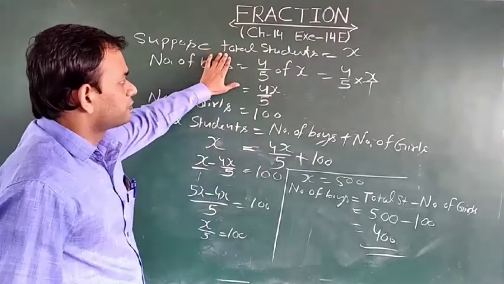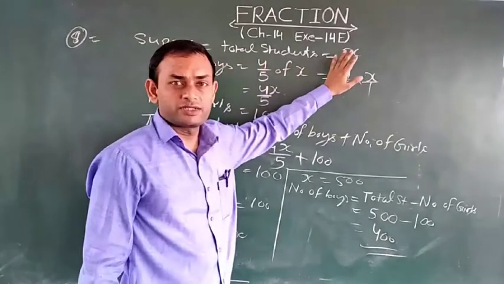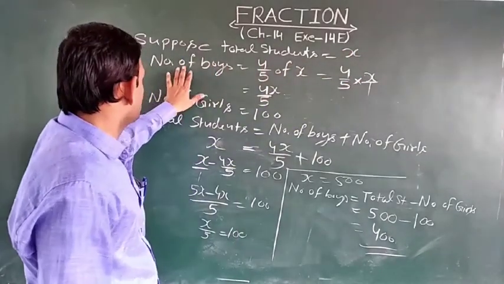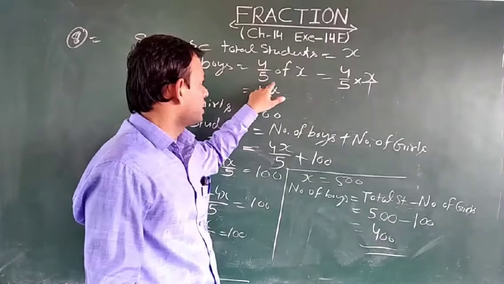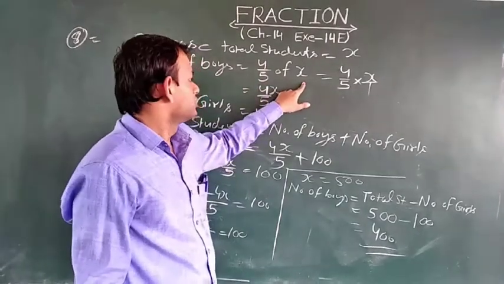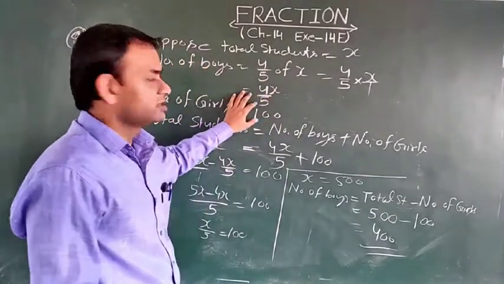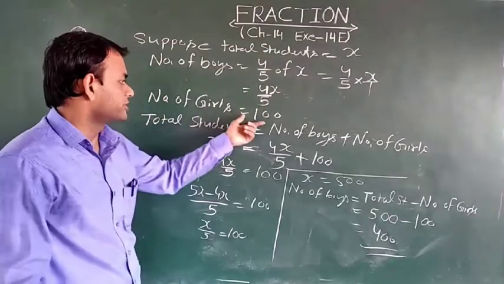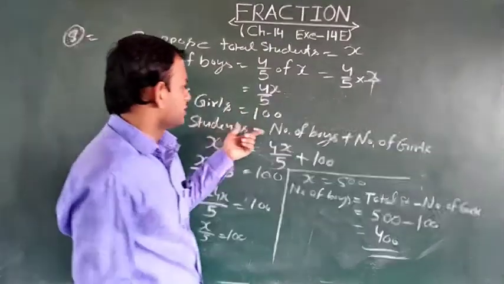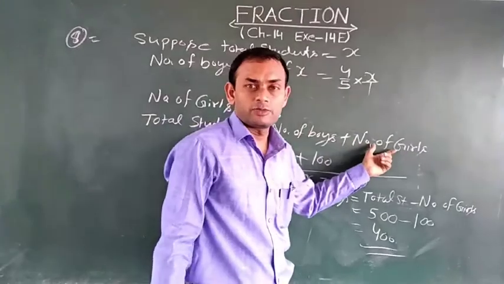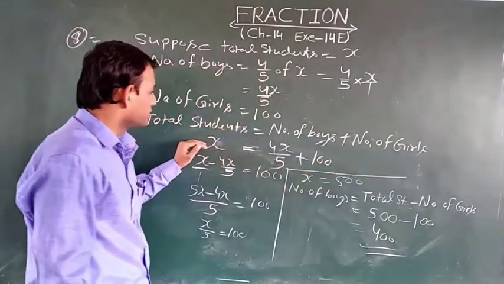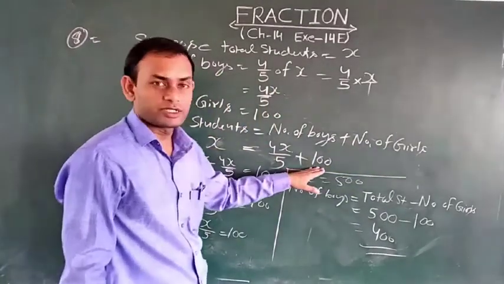In this, first of all, we have supposed the total number of students, that is the x, and according to question, the number of boys is given the 4 by 5 of the total strength. So we have got the number of boys here 4x upon 5. Number of girls is already given. Then total student is equal to the number of boys plus number of girls. We have just put all the values x equal to 4x upon 5 plus 100.